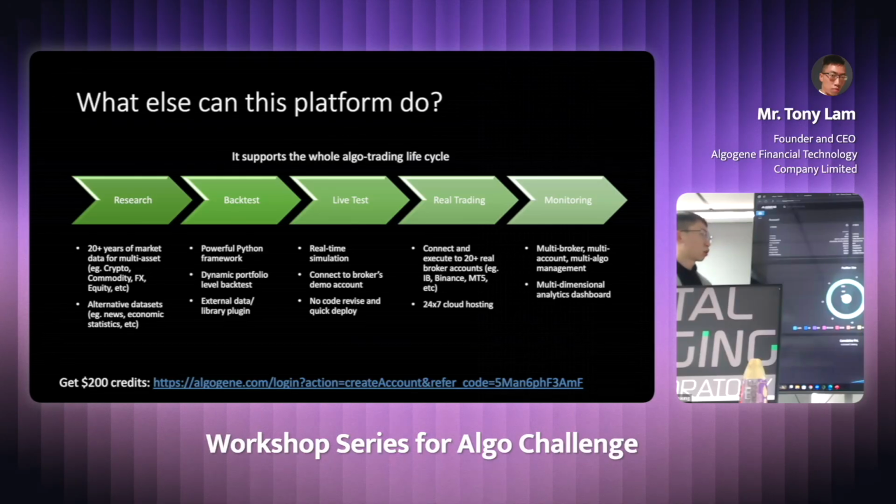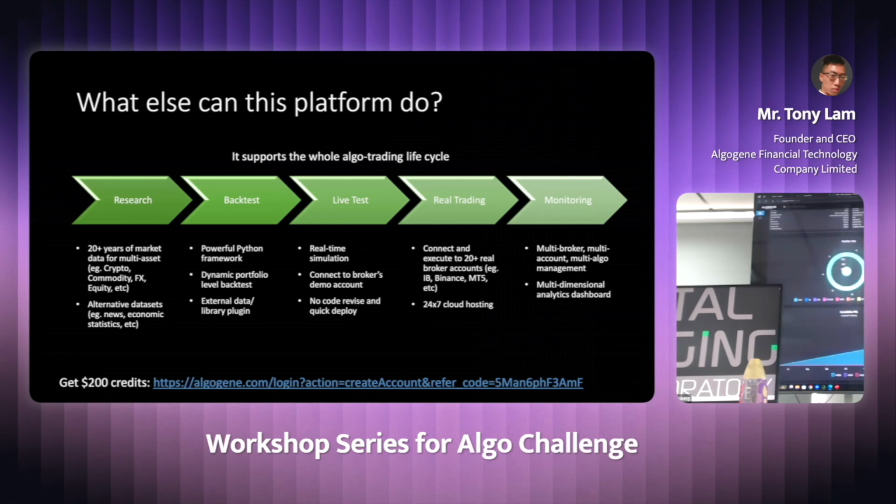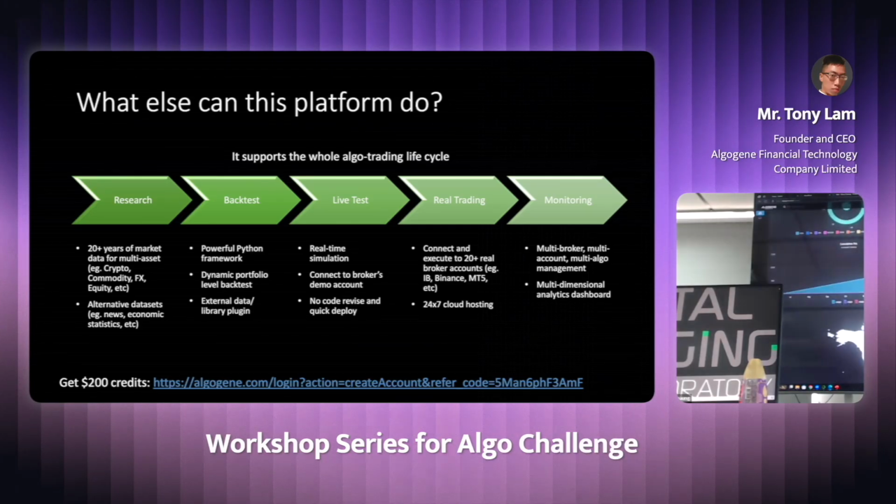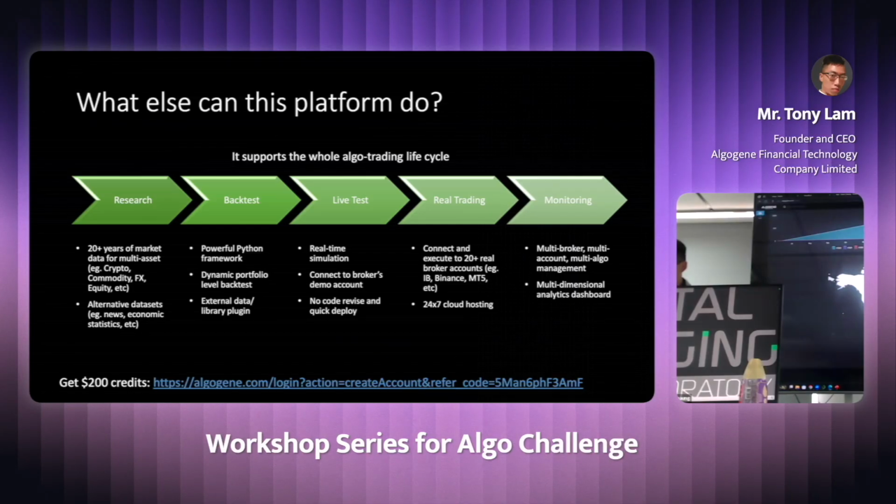So for the platform, actually, we also support the management of multiple algos using a single platform. So let's say I have 3 different trading accounts from 3 different brokers. Here we can disable the performance statistics, and we can have a more overall overview of our performance.